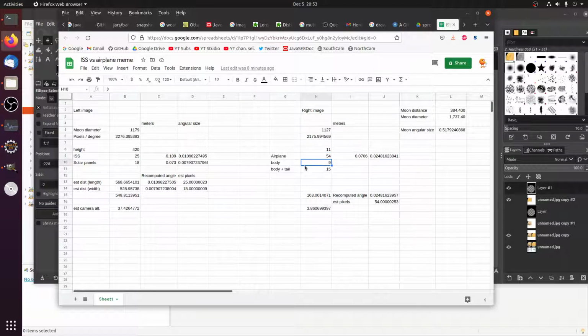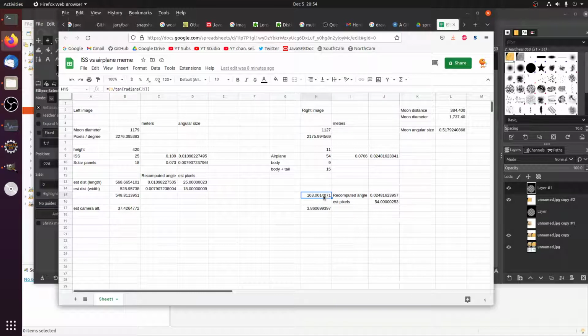For the airplane, even though I put down the body measured 9 pixels and the body plus the tail wing at 15 pixels high, I'm not using either of these. I'm doing a similar calculation. I estimate the angular size of the length of the airplane's fuselage at 0.024816 degrees.